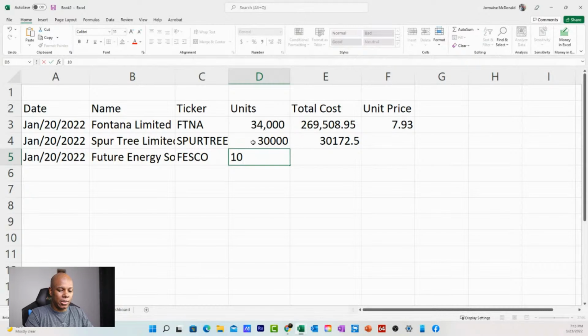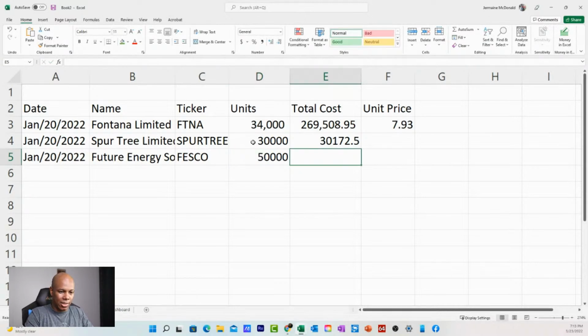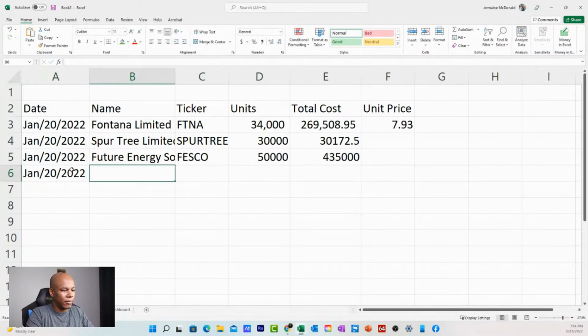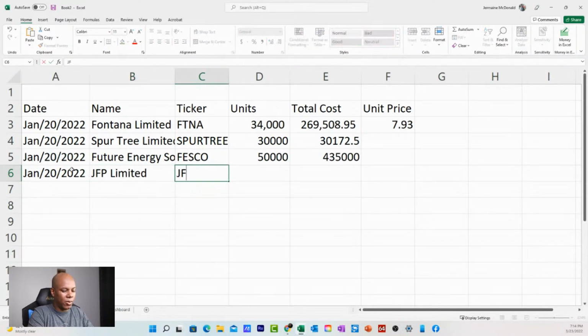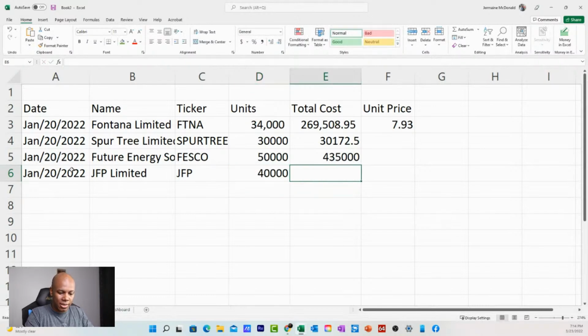Let's say I bought, how much did I buy? I bought 50,000 units. And I bought this for, I'll work out that unit cost very soon. And let's say I bought some JFT at IPO. Let's say I bought 40,000 units there, and I paid 40,172.50 because that's what it gave me.